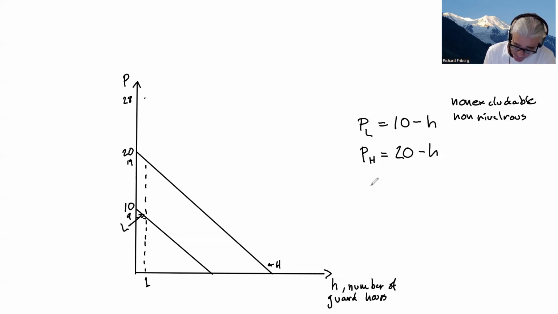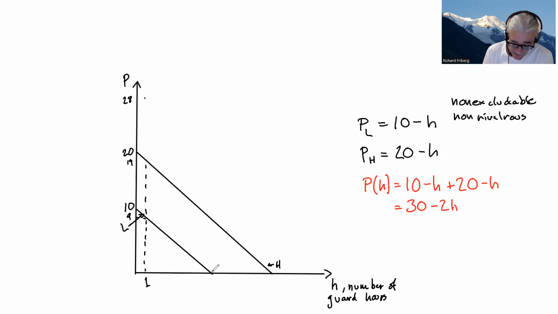The combined willingness to pay will equal 10 minus h plus 20 minus h. That gives 30 minus 2h, but only if the number of hours is less than or equal to 10. At number of hours above 10, the low type is not interested in paying for additional hours.